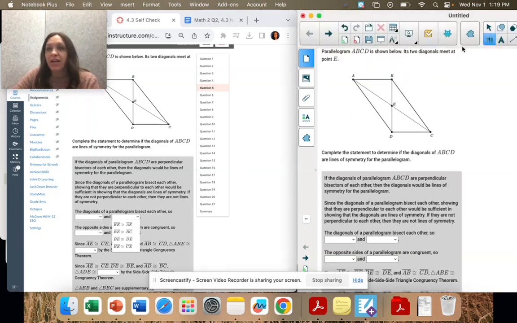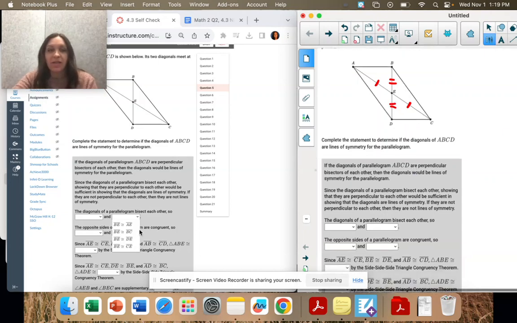So when the diagonals bisect each other, AE is congruent to EC. Those two lines on each side of the midpoint are congruent, and it goes the other way too. BE is congruent to ED. So that's what it's asking for.